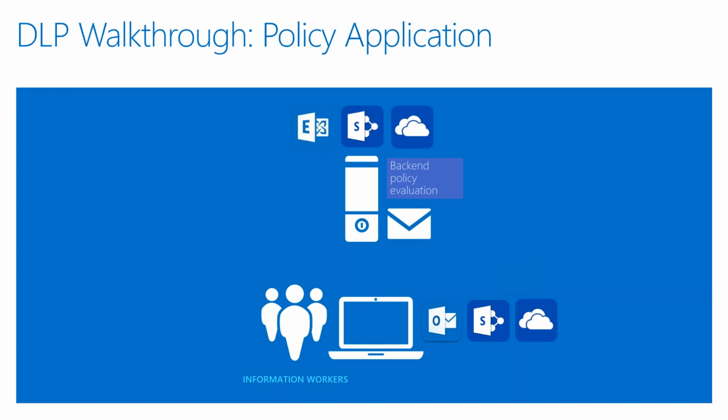Hey, is this email secure enough to be sent to someone who has an email address outside of your domain? And the policy evaluation is handled at the server level.